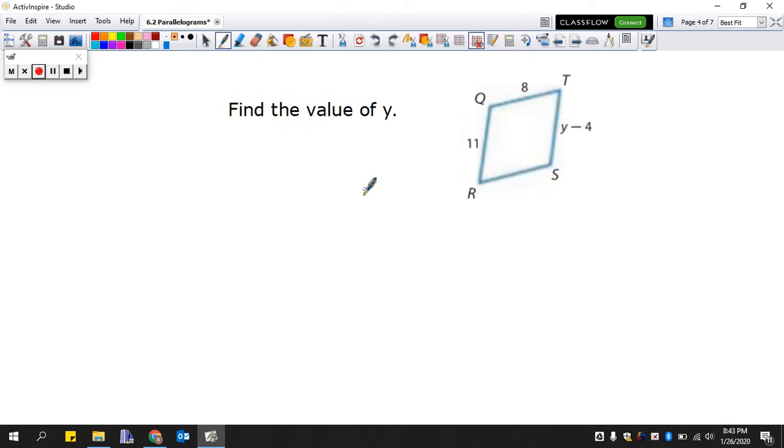The next example says find the value of y. We know that opposite sides have congruent lengths. So we know y minus 4 is equal to 11. We're going to solve simply by adding 4. So y is equal to 15.